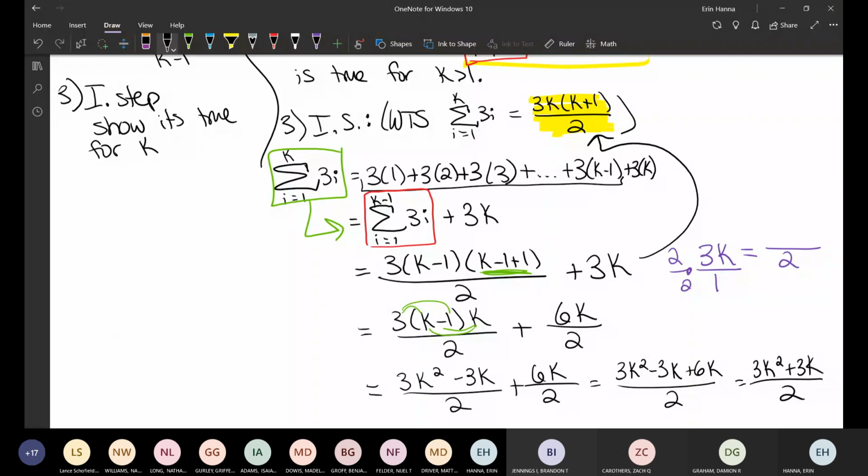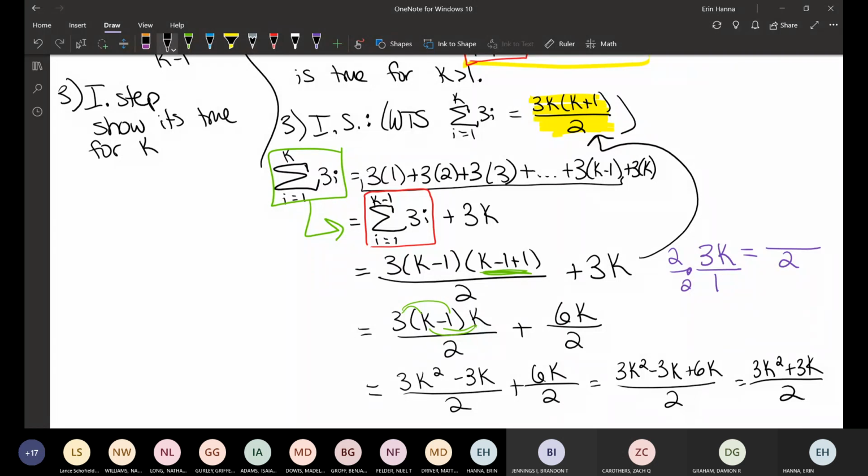Let's take a break for a second and remind ourselves what we were looking for. What we're looking for is towards the top of the screen, highlighted a bunch: 3k times k plus 1 over 2. I've got an over 2. I've got a 3 floating around in there. And also notice that the numerator has a 3k in common in both terms.